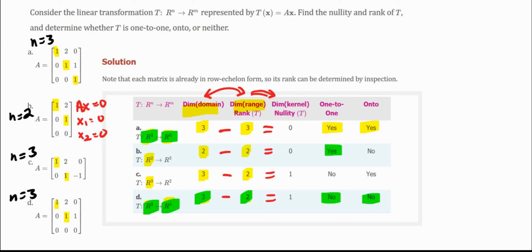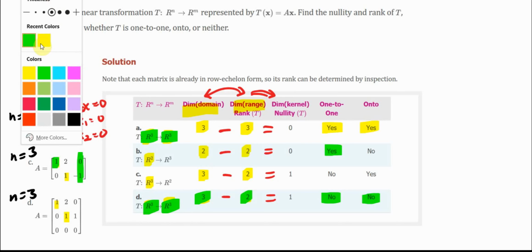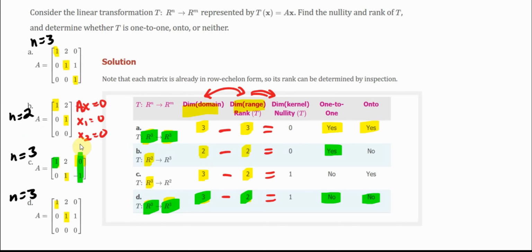Now come look at part C. Part C, you're going to have infinitely many solutions because of this column right here. That is, x of 1 is going to depend on some value of x of 3, and then x of 2 is going to depend on some selection of x of 3.